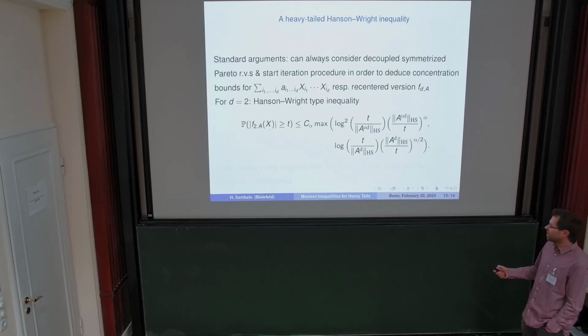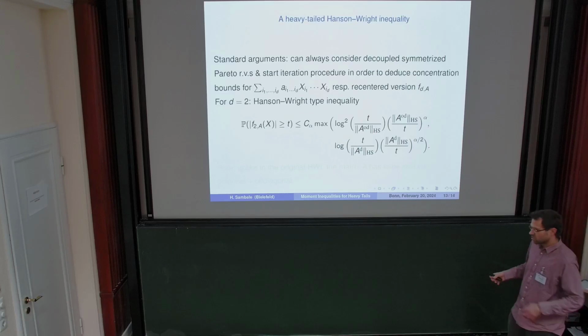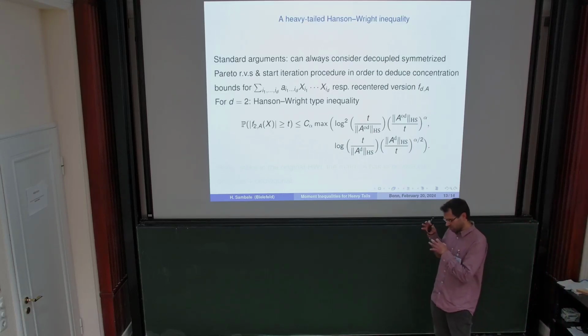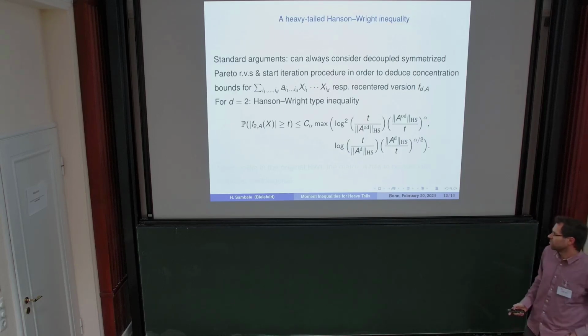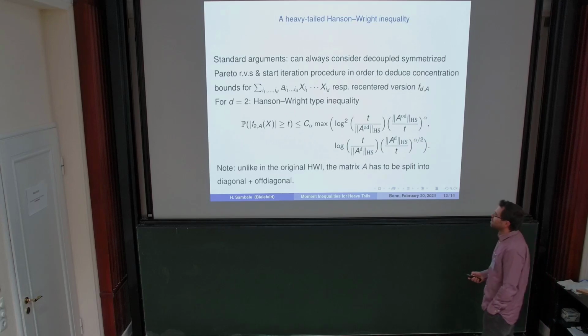And of course, for any order d, you get something similar, which then depends on which level of your generalized diagonal you are. Okay, so this is what I've written here.